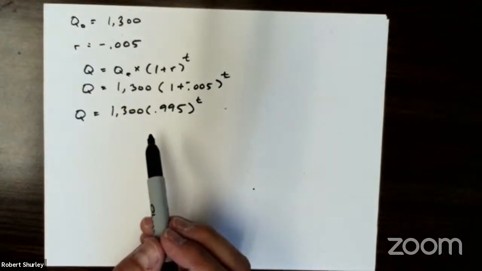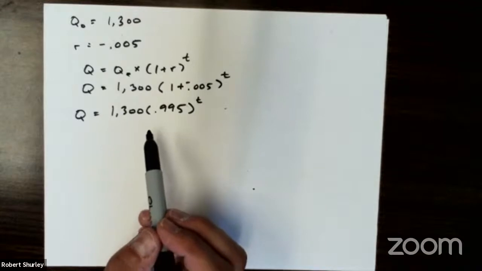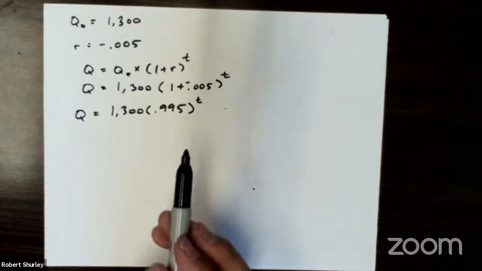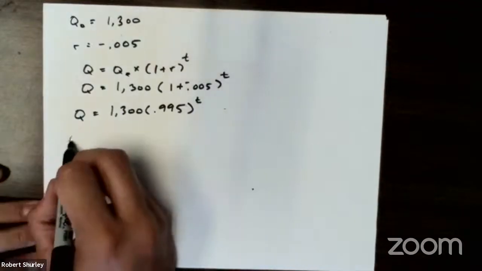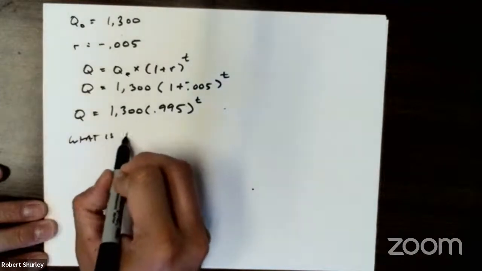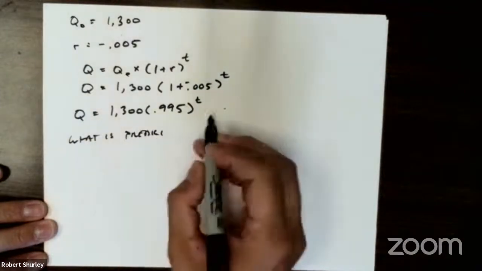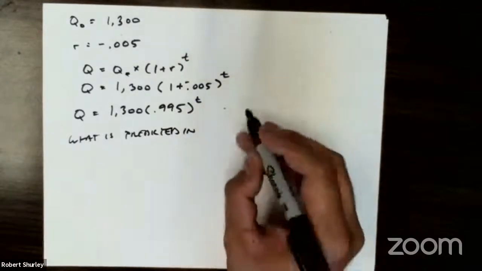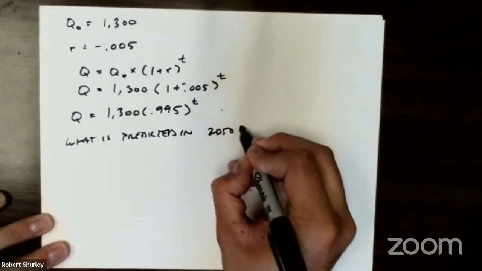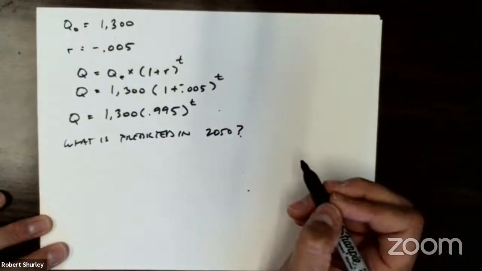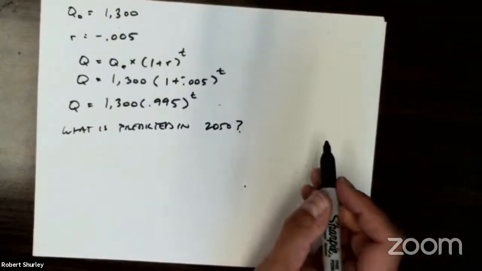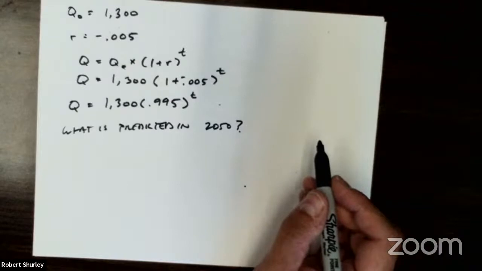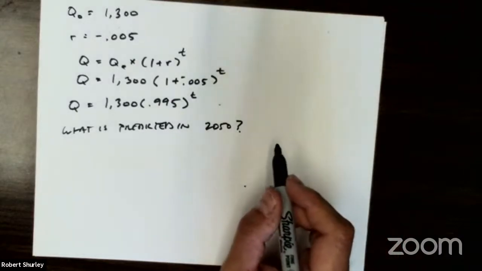Now the question asks, would this rate of decline be sufficient to meet the original goal? So let's look and see what happens. What is predicted? And was it 2100? No, 2050. I don't think it will be. That's a lot for only a 5% decrease a year. No, 0.5% decrease a year.